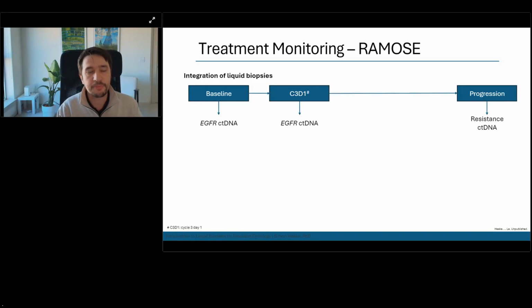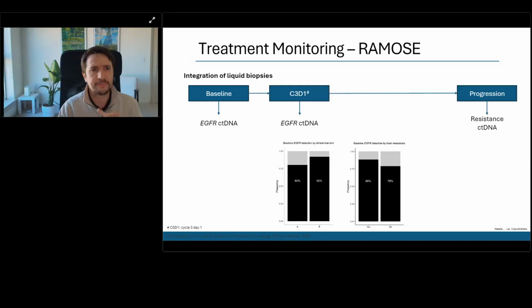And while we will show much more clinical data later this year, and I'm very excited to provide more clinical insights about the clinical trial, I already would like to share with you that when we just look at the baseline detection of EGFR, we could actually see that we have very excellent capabilities of detecting EGFR mutations. And this is irrespective of the two treatment arms, which is very important, that we see a balanced detection.